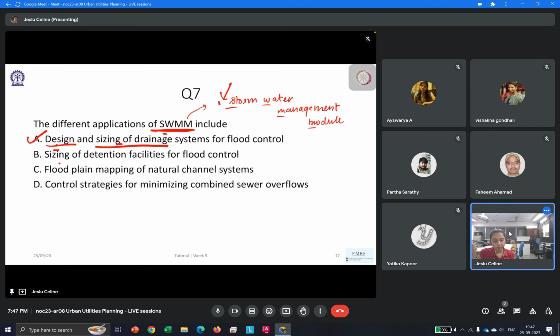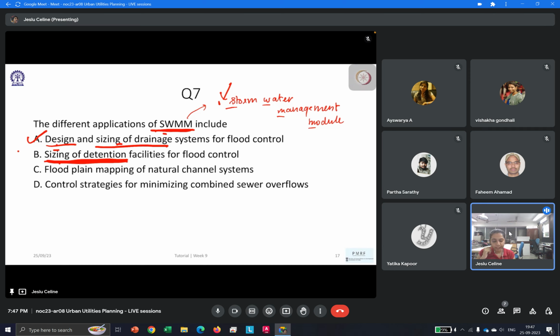B, sizing of detention facilities for flood control. Yes, this is also an application. Vaishaka says yes, so let's mark it yes.